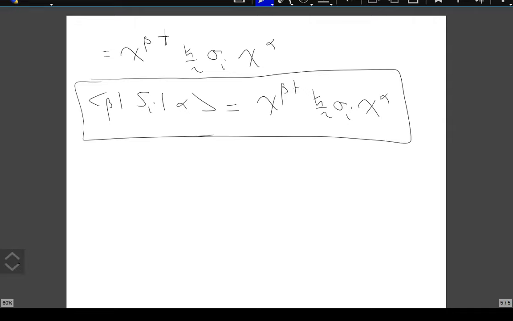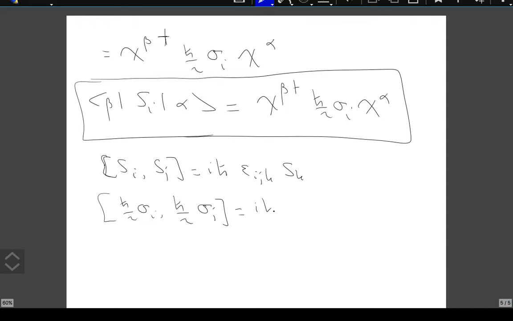Now, sigmas have some interesting properties. We already know that the commutator of Si, Sj is I h bar epsilon ijk Sk. These are h bar over 2 sigma I, h bar over 2 sigma j.